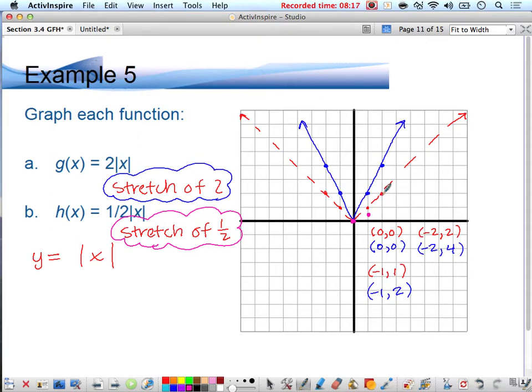Instead of 2, 2, it's going to go to 2, comma 1 because it's halving the points. Same thing over here. Negative 1, 1 gets halved, and negative 2, 2 gets halved. So it actually makes a much wider graph. It takes those original red dot values and it shrinks their y value down, making the actual graph look bigger.